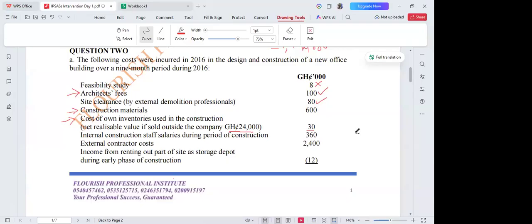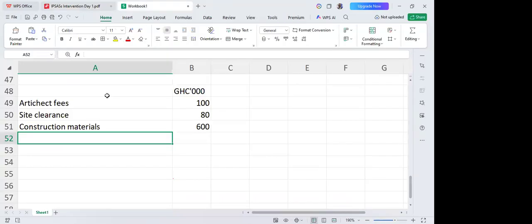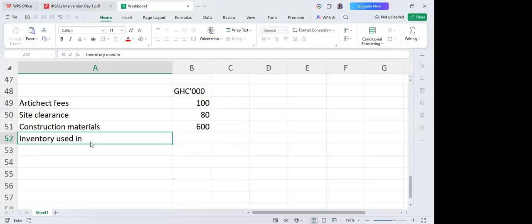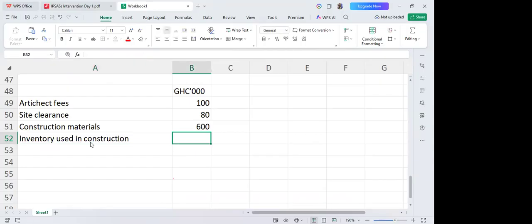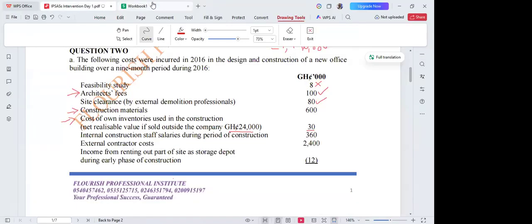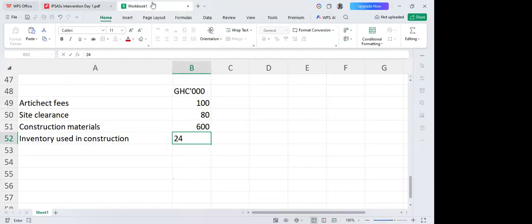So the inventory that was used in the construction, the value you should use should be the 24 rather than the 30, which was the cost. So we come here, the inventory used in construction will be the 24.